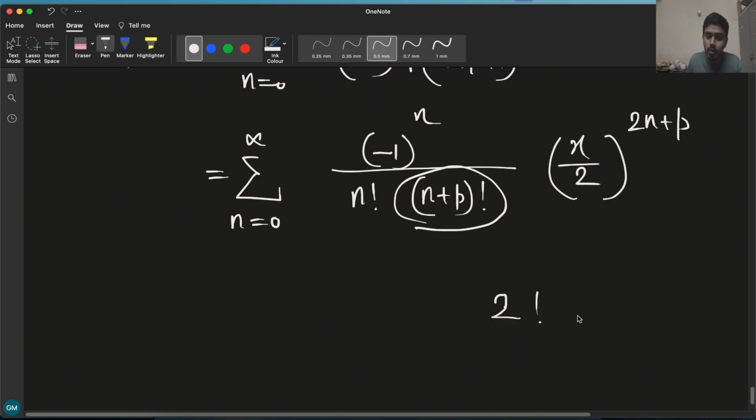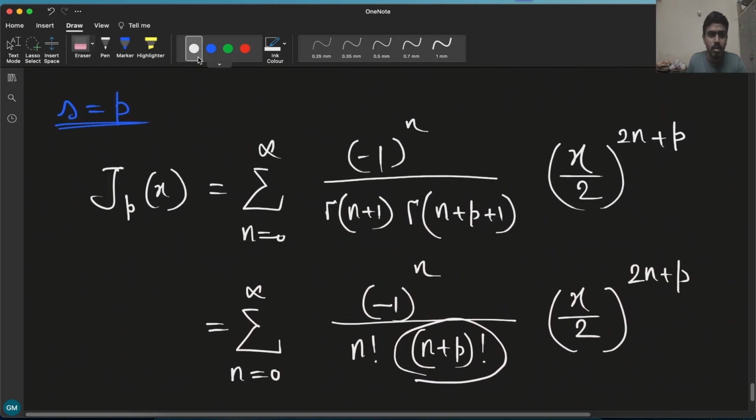We talk about 2 factorial, 3 factorial, 4 factorial, but we don't talk about factorials of fractions like 2.5 or 2.3. Those are reserved for gamma functions. With gamma functions, we can talk about gamma of 2.5, and gamma of half is root pi.